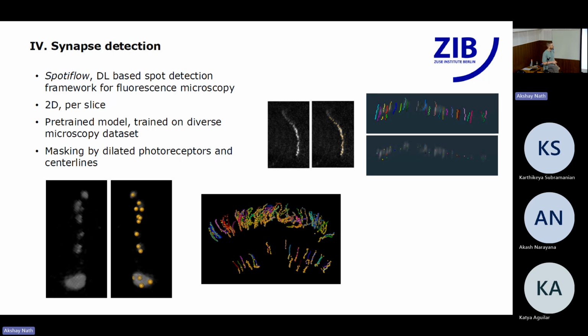Here you can see one slice of this channel, with just a single photoreceptor, and here you can see the detected synapses. In this case, we used a pre-trained model that was trained on a diverse microscopy dataset. As I said, we do it per slice, so at the end, we stack the slices back together.